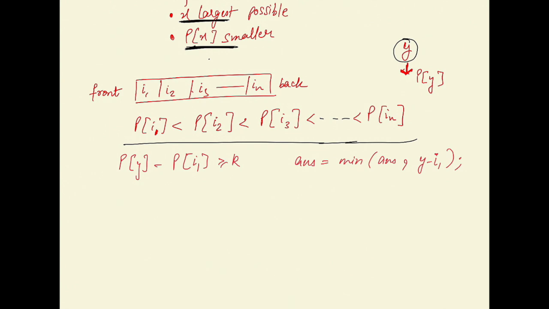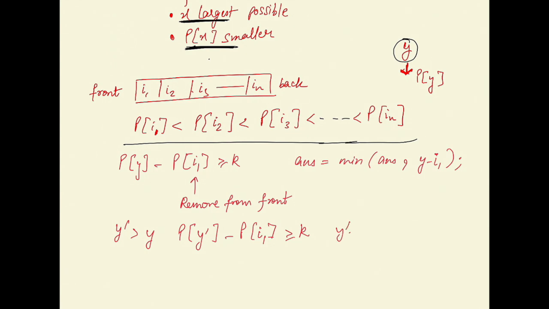And if this is true, we'll remove the index i1 from the front of the queue, because any index y dash greater than y which satisfies p of y dash minus p of i1 greater than or equal to k would give a y dash minus i1 length greater than y minus i1 length. So we can't do better. So once we have got an index y such that py minus p of i1 is greater than or equal to k, we can safely remove i1 from that queue.